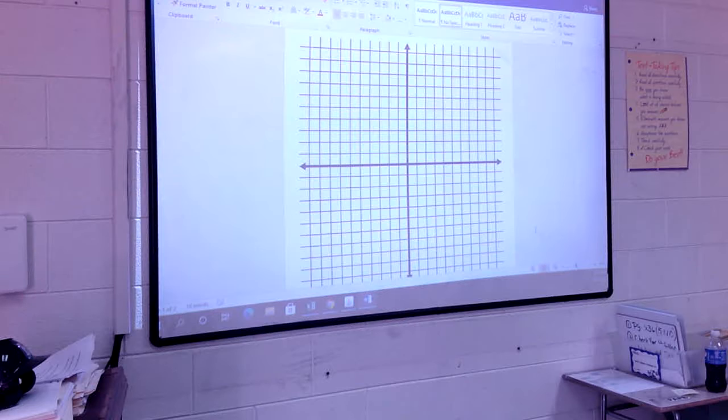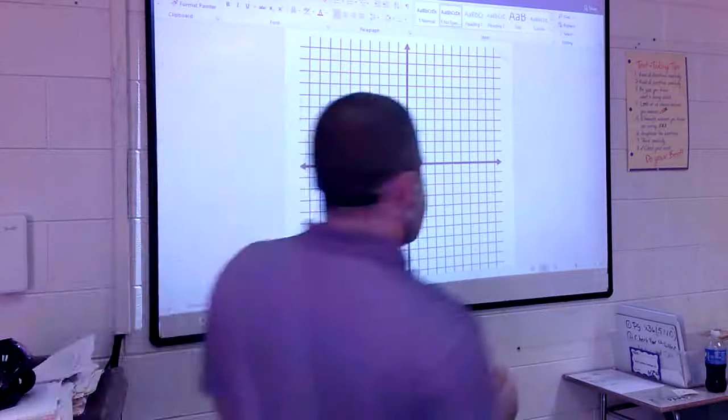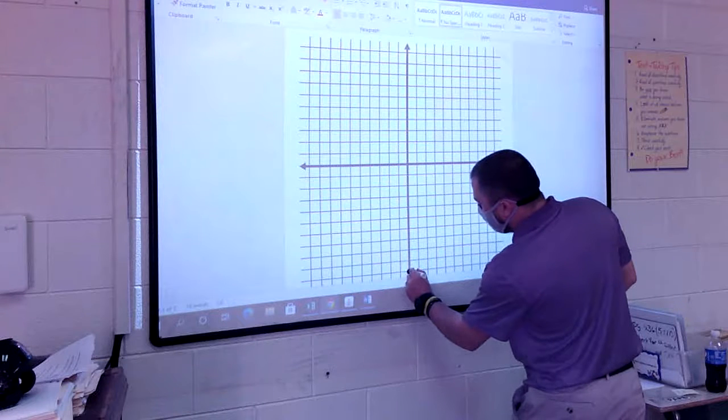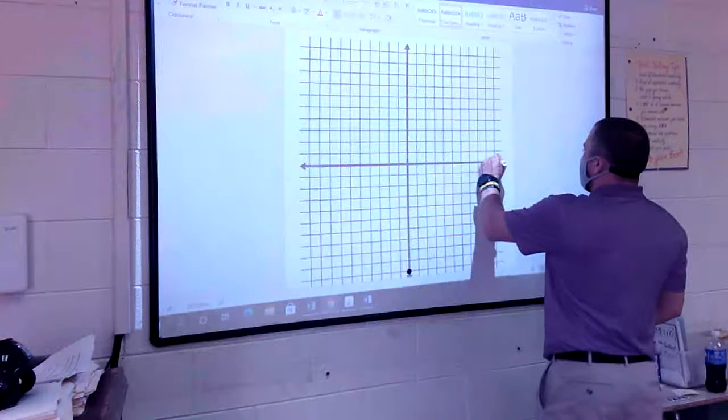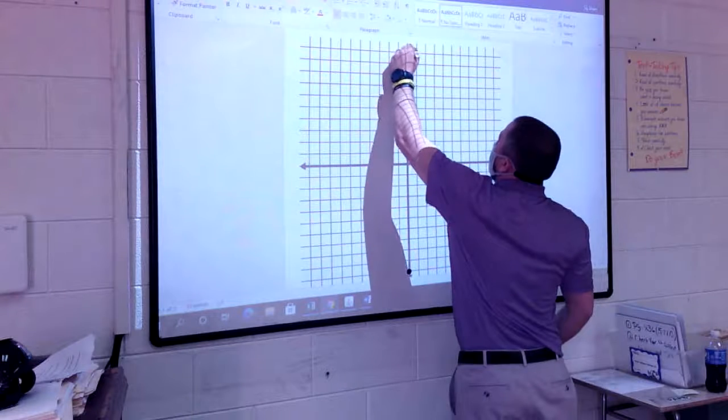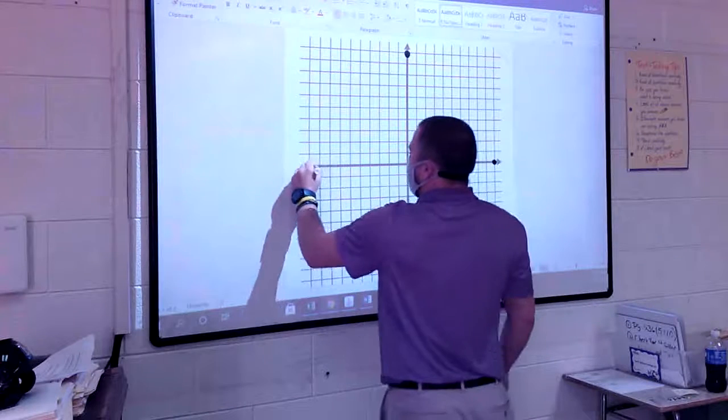So the very first thing with the unit circle that you need to do is actually draw the circle. There's going to be 4 points on the outside. A point way down here, a point way over here, a point way up here, and a point way over here.